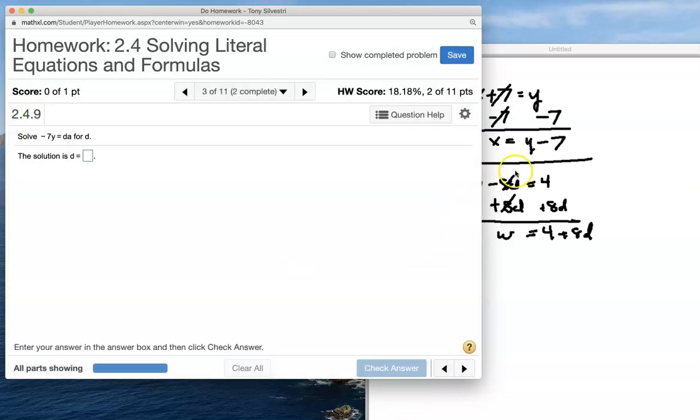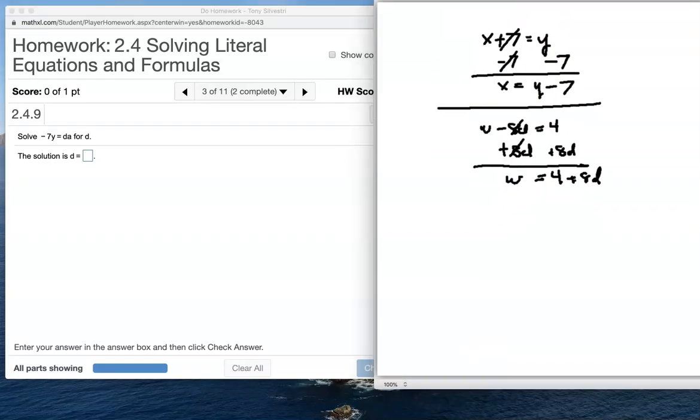Okay. All right. Let me see if I can squeeze in another problem over here by separating this. I don't think we need all that space, but minus 7y equals da. Wow, we have 3 variables here. So what are we supposed to do? They have to tell us the variable you want to solve for. You want to solve for d.